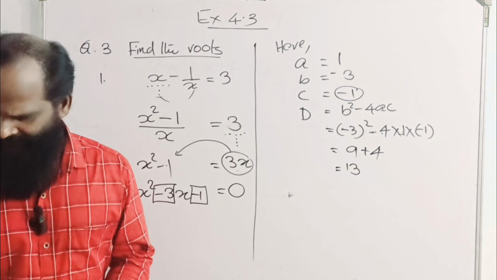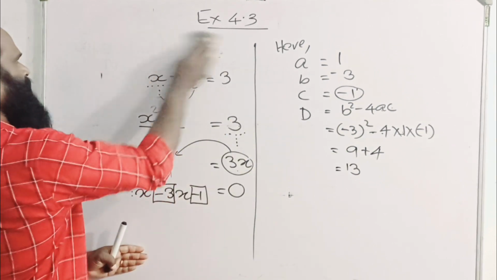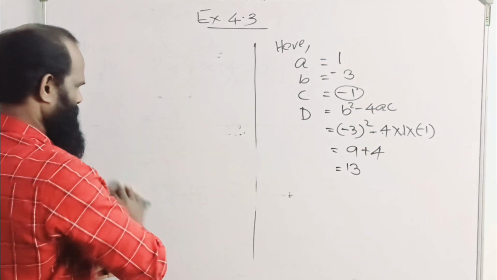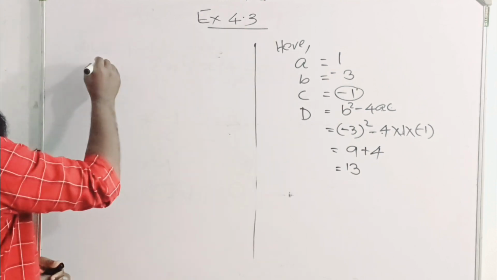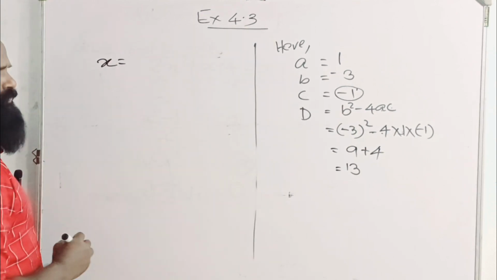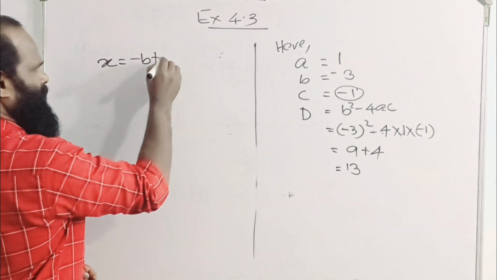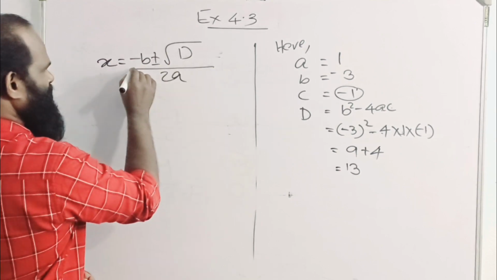Well, we need it. Let me just clear this area. Now, x is equal to, as we studied earlier, minus b plus or minus root D by 2a. See this line?